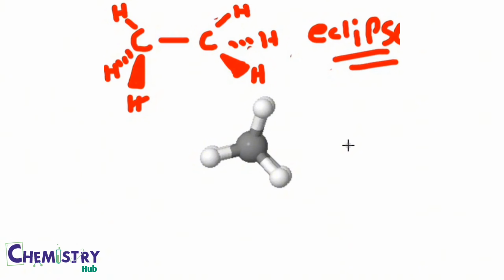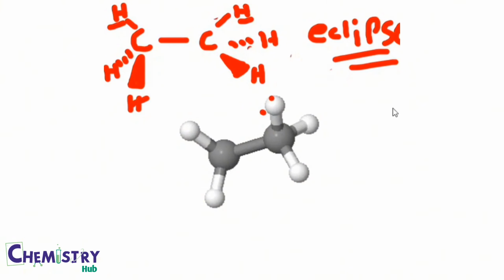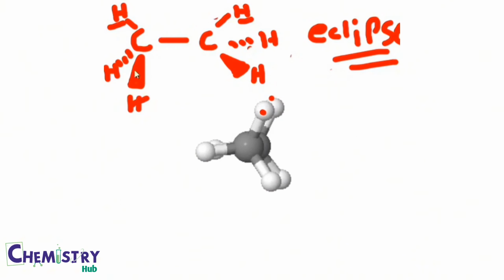So look, now these two hydrogens are the same hydrogens, or these two hydrogens. One is this hydrogen, and one is this hydrogen when I look from the side. These are the two cases, and these two hydrogens are exactly these two in this shape.